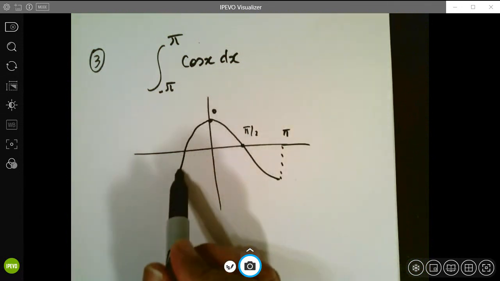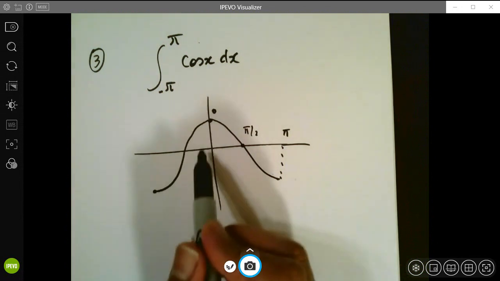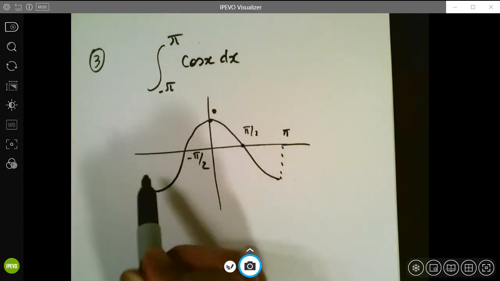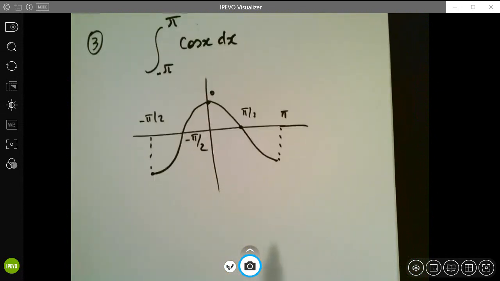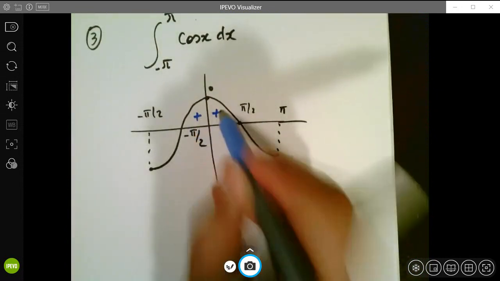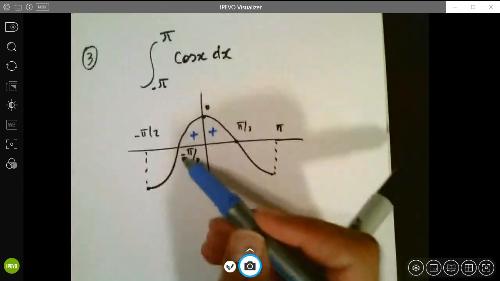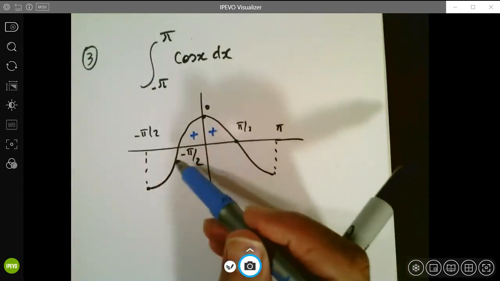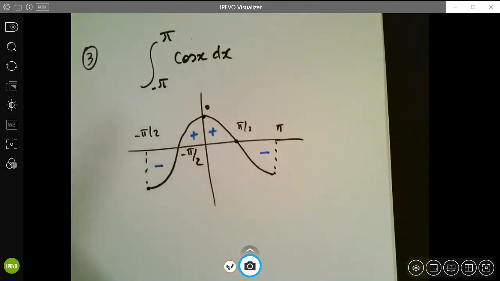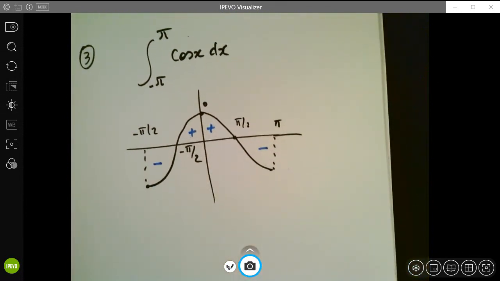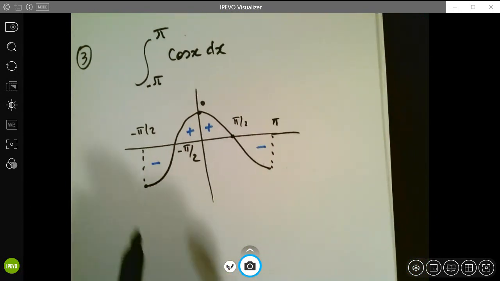Now you can see clearly that this one is positive. If I go from negative pi over 2 to pi over 2, it's just surface area, but these are negative. Do I get the algebraic or the exact?